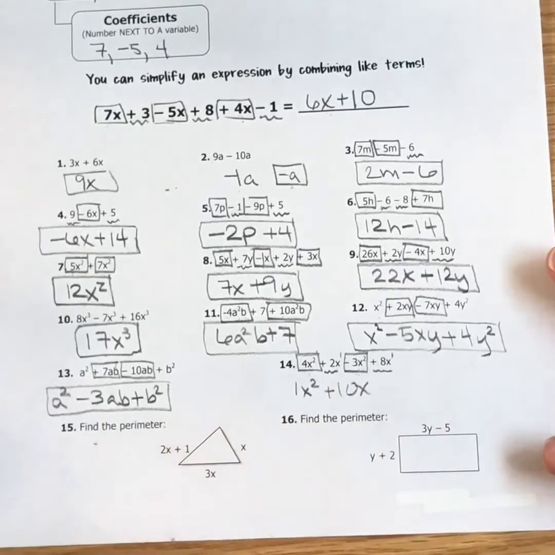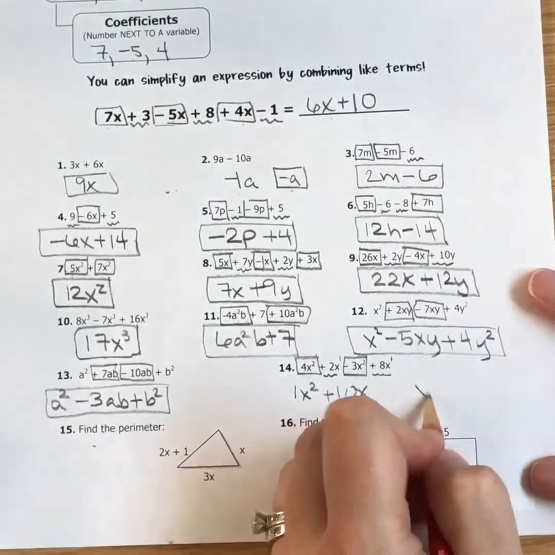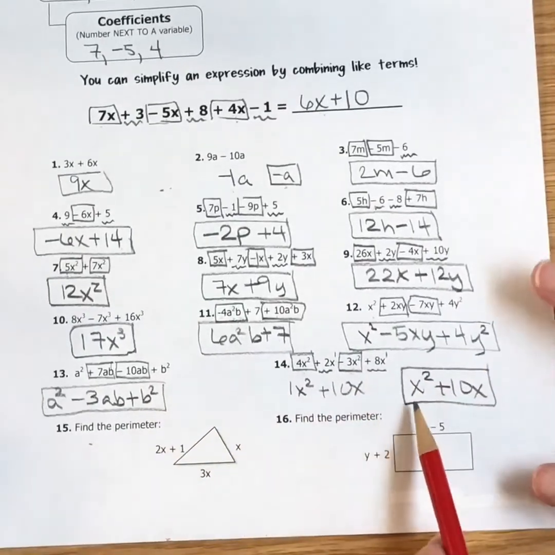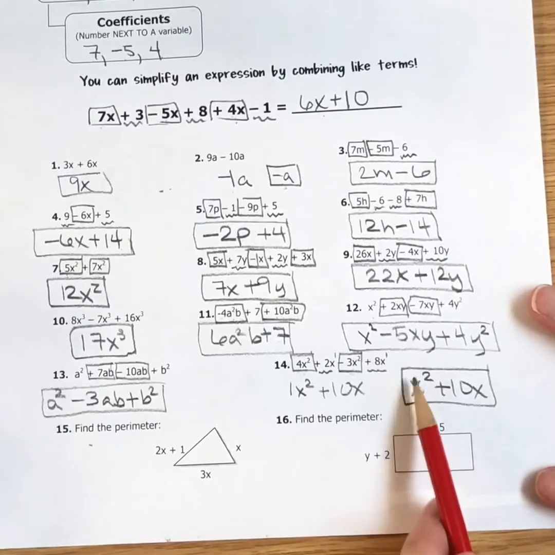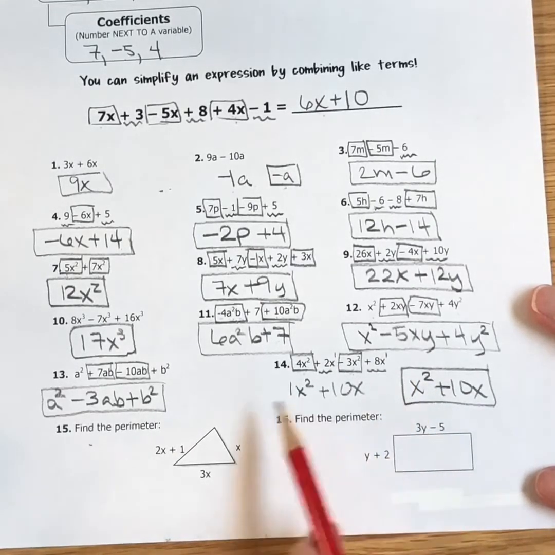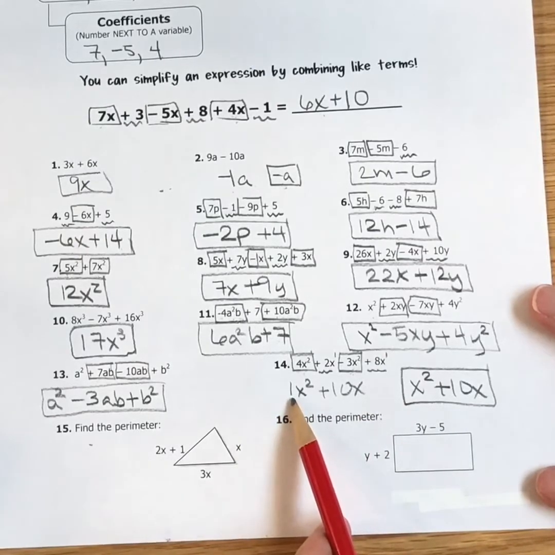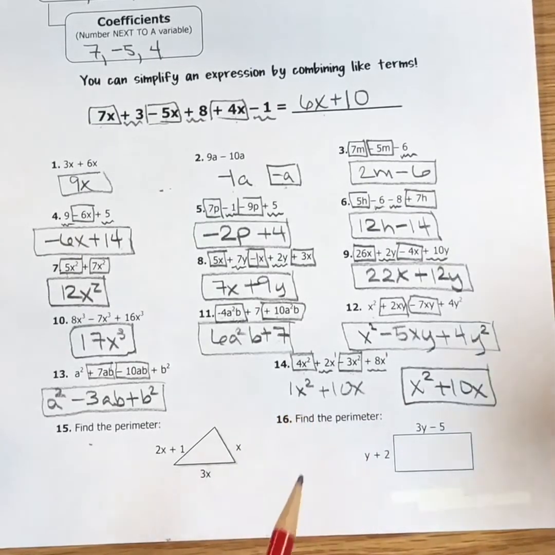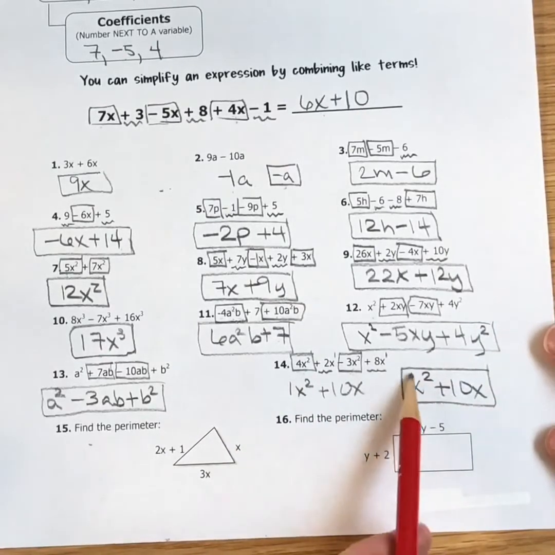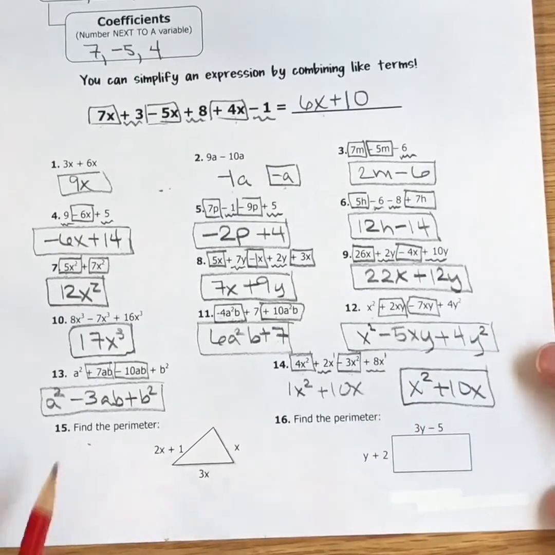So the more correct answer is just x squared plus 10x, because the higher level thinking sees this x squared and knows there's a 1 there, but it's just not written. It's okay to do this, especially in the beginning, but later on in the year, you'll get better at reading this and being able to see the 1 without writing it.